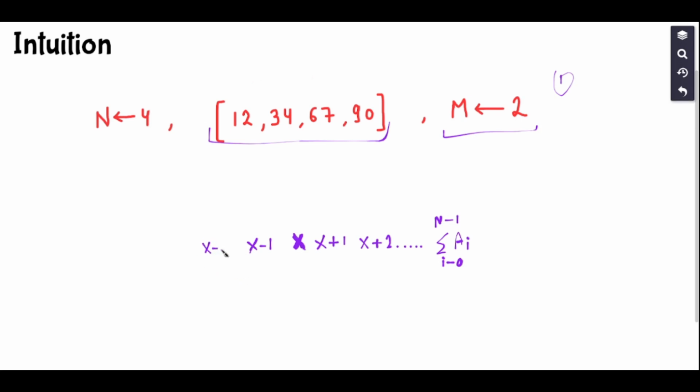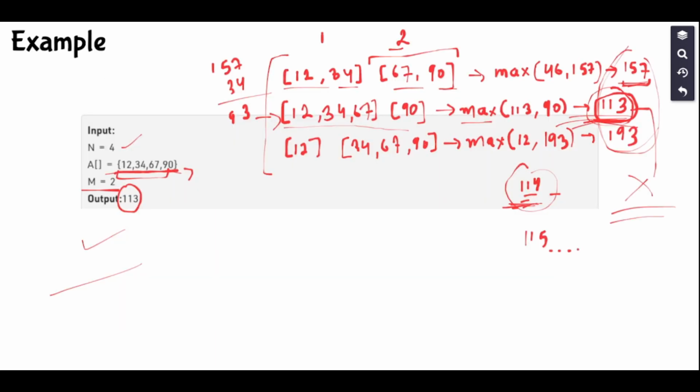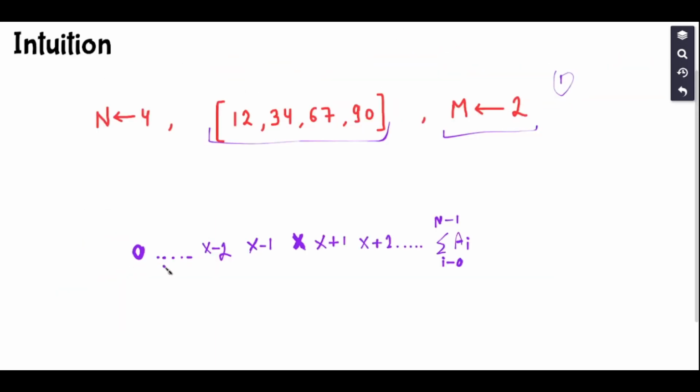In the same fashion, x minus 2 is also not possible, and so on till what is the left extreme? It would be 0, because let's say we have all the elements as 0 in the array. In that case, I won't be able to allocate any page to any student at all.